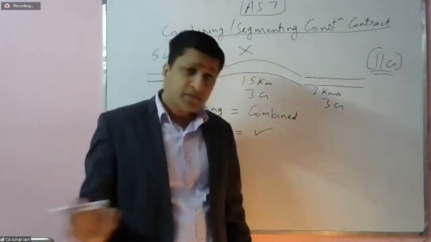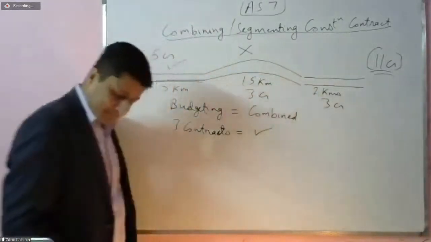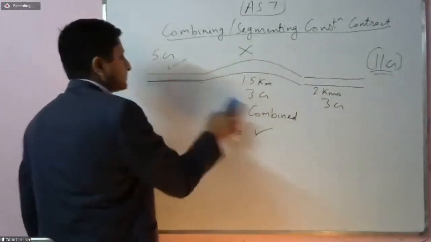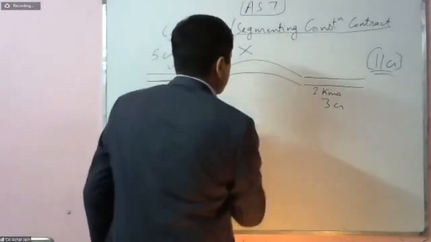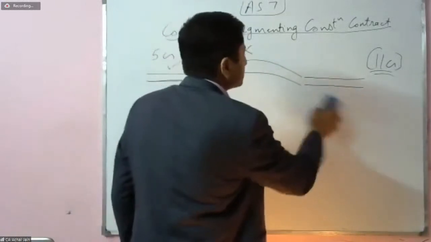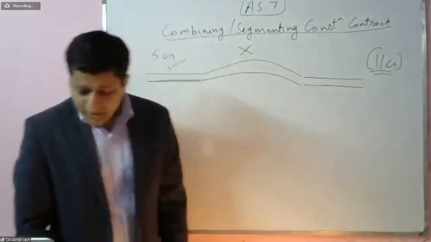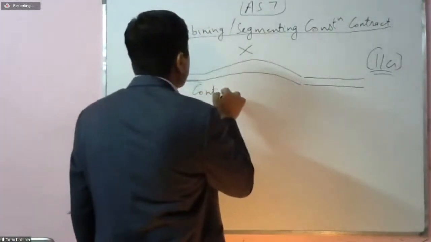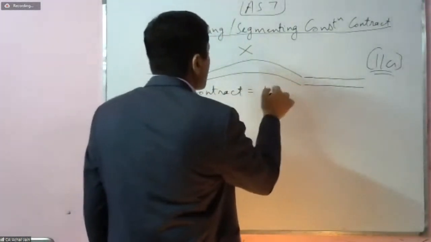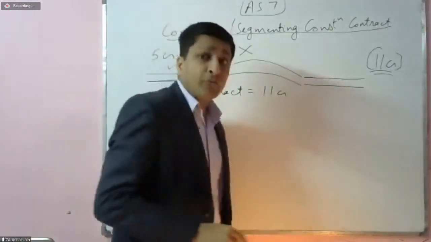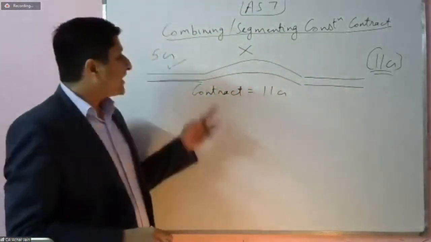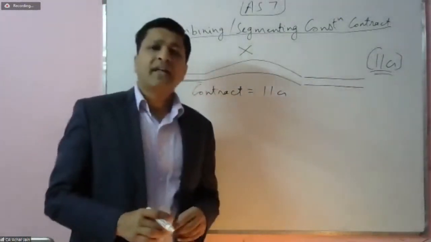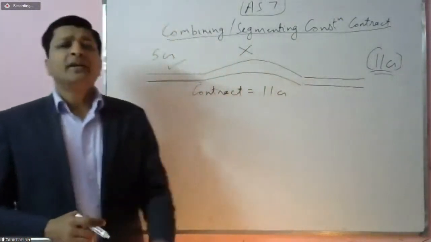We will consider it as if it's a single contract for 11 crore, for which percentage completion will be evaluated the way we compute it every time, and the revenue will be recognized.